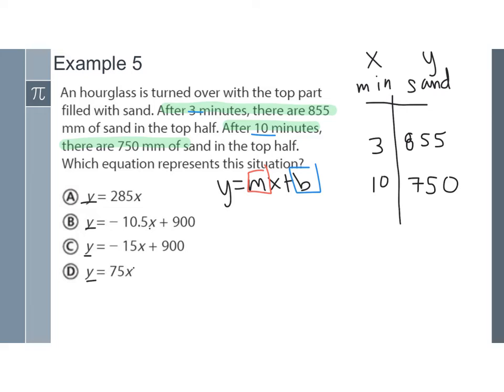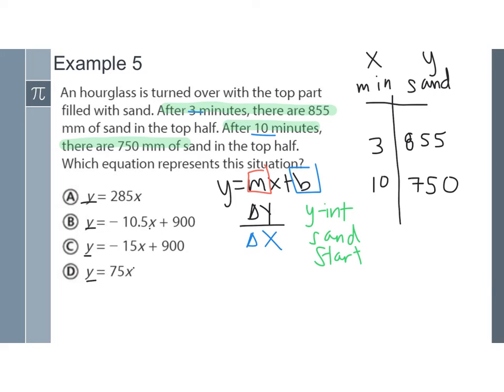And what we have to have in order to write the equation is m, which if you recall is the change in y divided by the change in x. And then we need to find the y-intercept, which is basically how much sand we started with. So let's start with our slope, our change in y over our change in x.